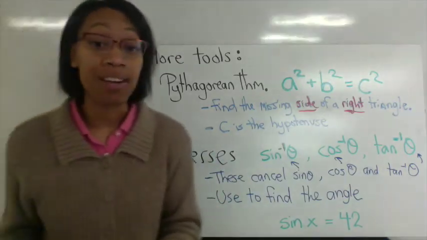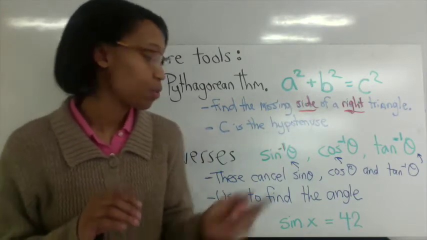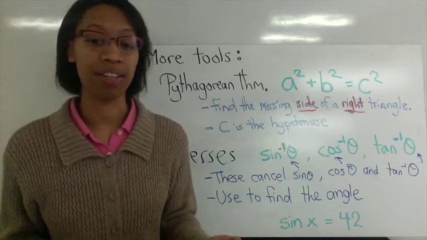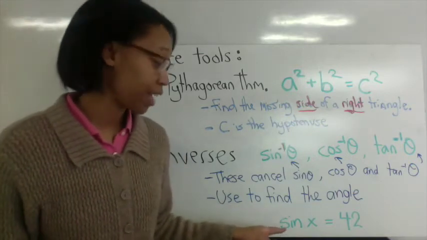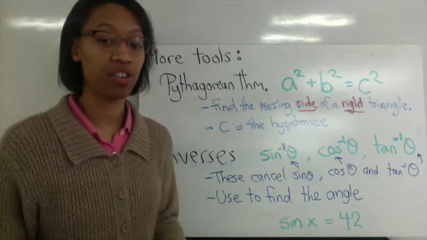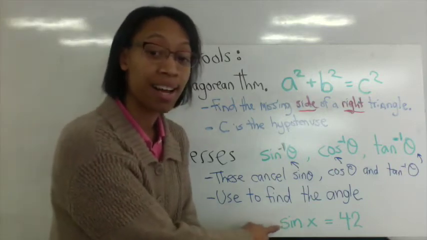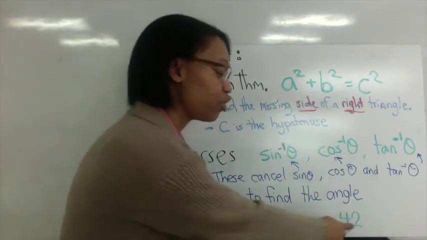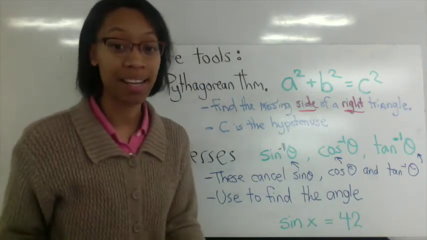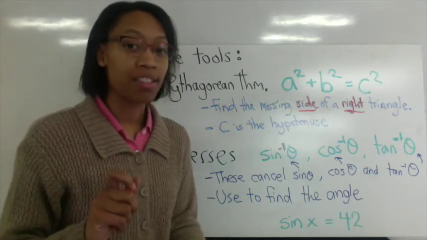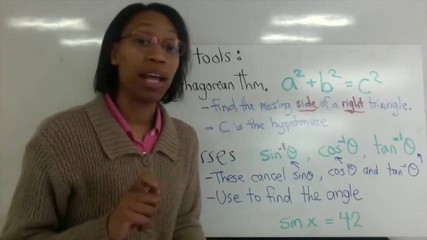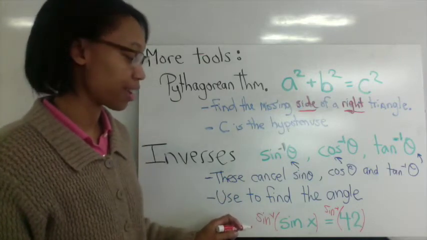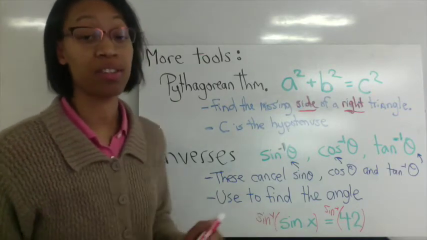Whenever we're missing the angle on the inside of the function, we have to use the inverse to solve it. So if it looks something like sine of x equals 42, we're trying to get the word sine to cancel on both sides so we can solve for x. What can we do to both sides to make sine cancel? We do inverse sine, and that will let us find the angle. When you do the inverse sine of both sides, the sines will cancel and you can solve for x.